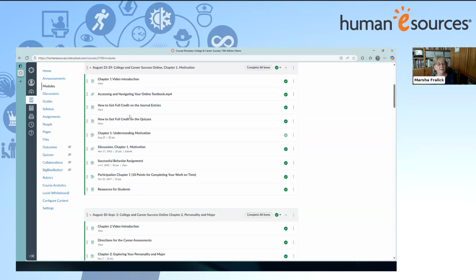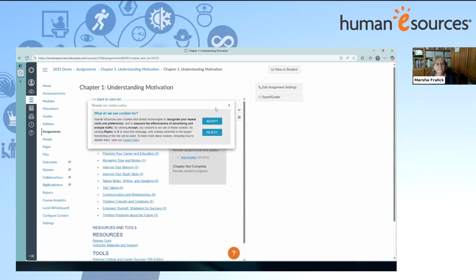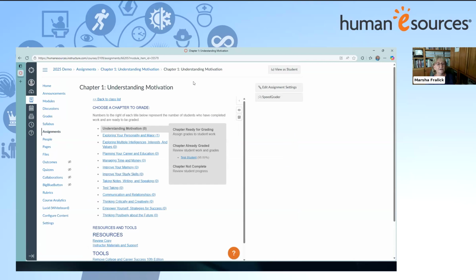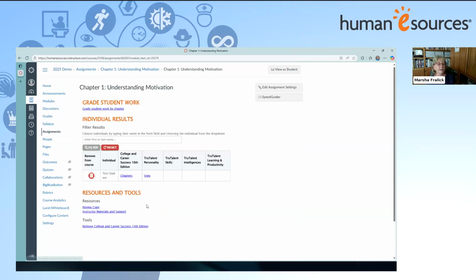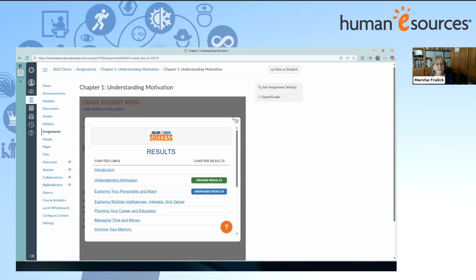Okay, so from the faculty point of view, if I click on chapter 1, then I can see my students' work. Accept cookies here. So I can see all the students in my class and who's completed their chapters on that view.